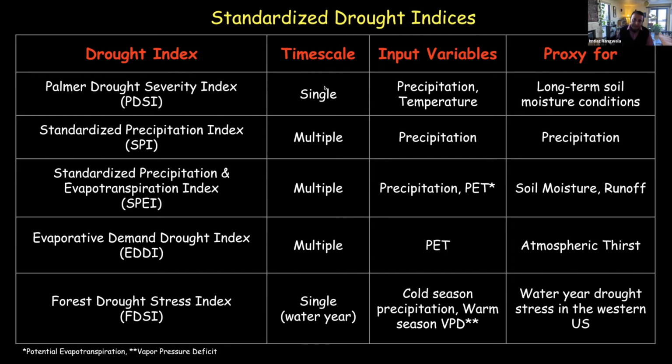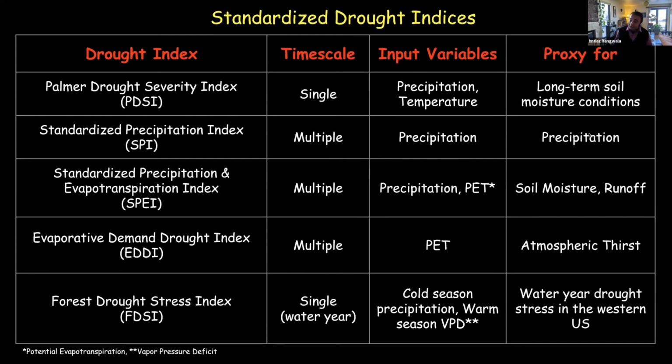These work at different time scales, and they take in different climate variables as inputs. For example, the SPI takes just precip, whereas the SPEI takes precip and potential evapotranspiration, and EDDI just takes in PET. They also work as proxies for different components of the water balance. The PDSI does a good job for long-term soil moisture condition.